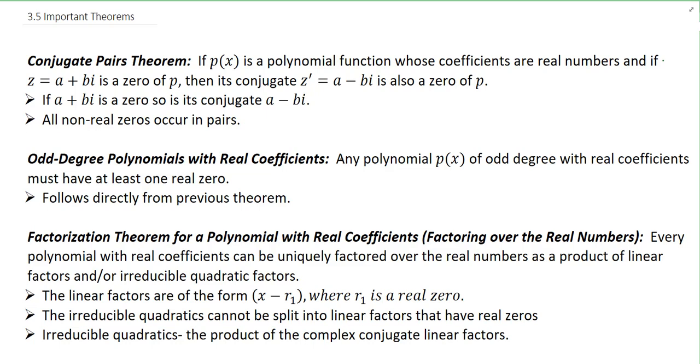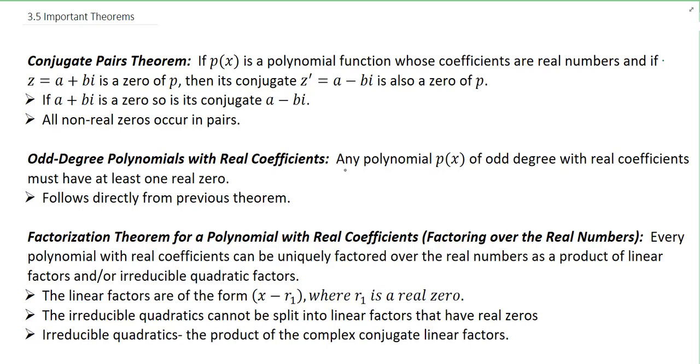And basically what it says is if you have a zero of your polynomial that is complex, so it's of the form a plus bi, then you're guaranteed that if that value is a zero, then so is its conjugate. And its conjugate would be a minus bi.